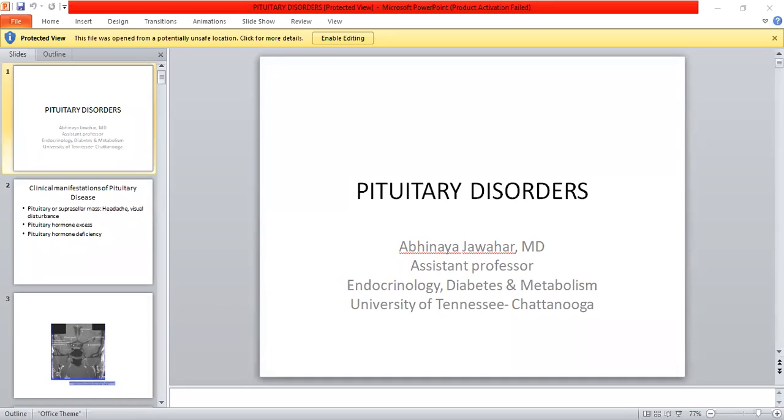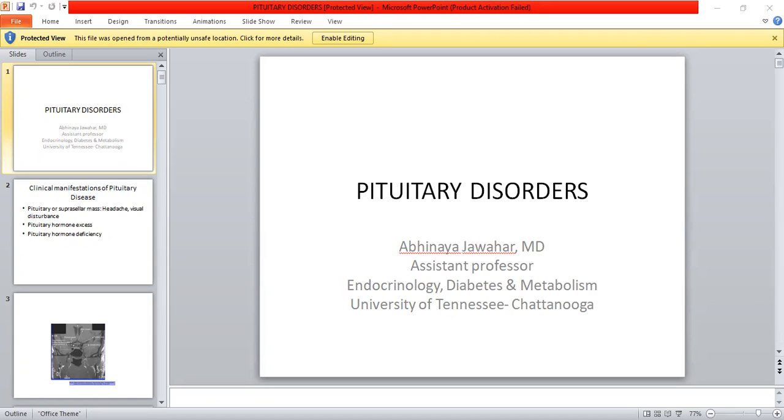And the third factor would be to determine if the person could have any component of hypopituitarism or hormone deficiencies, what exactly is causing the hormone deficiency, and how do we treat it? So these are the three important factors that we need to have in mind whenever we think of a pituitary mass.